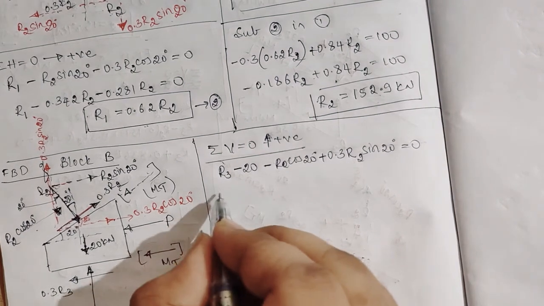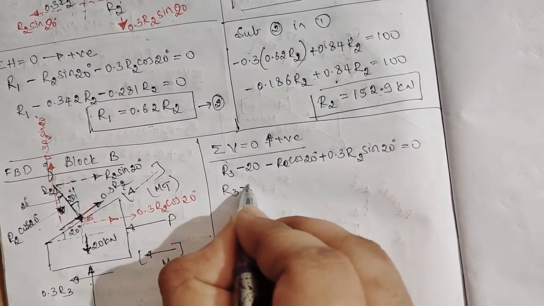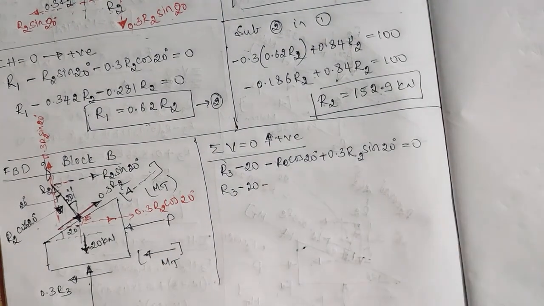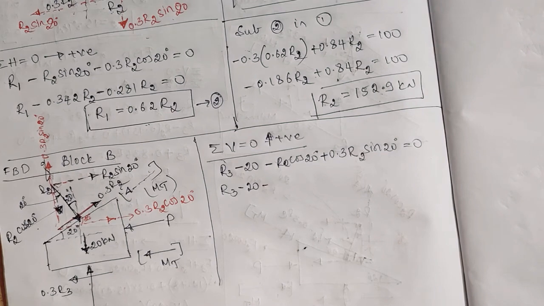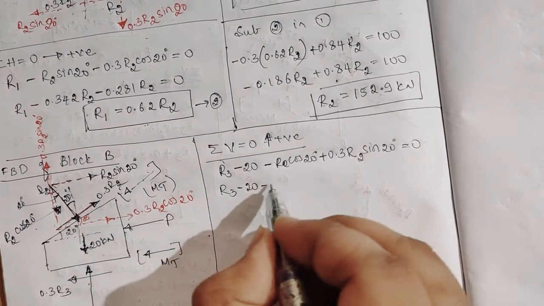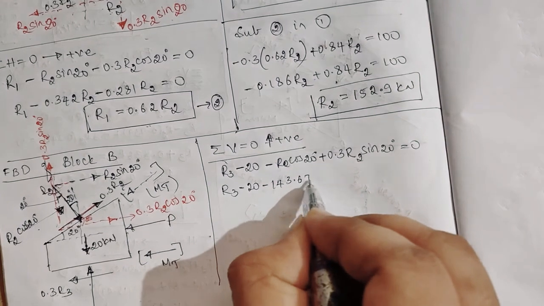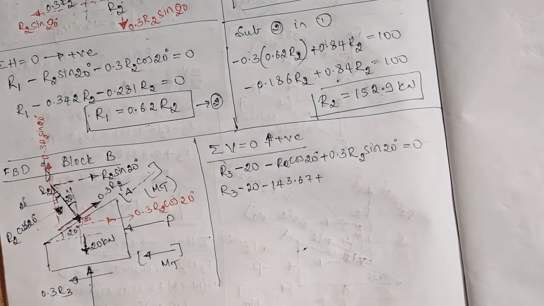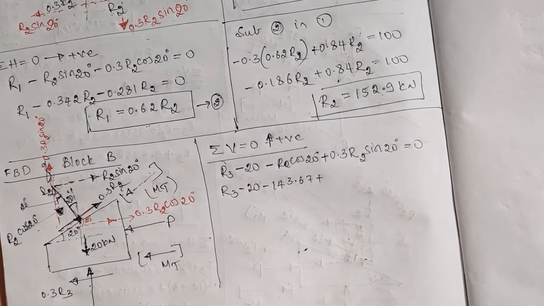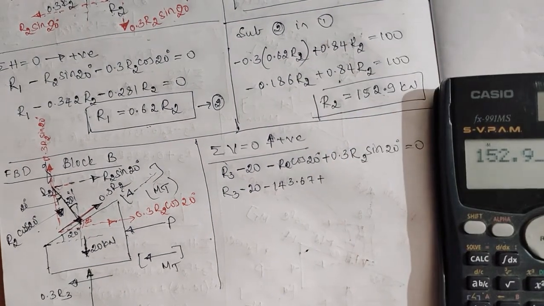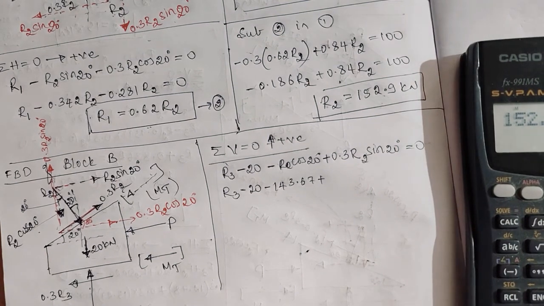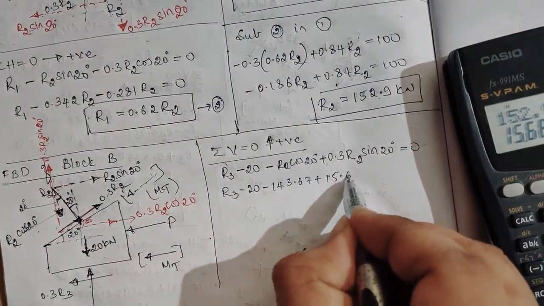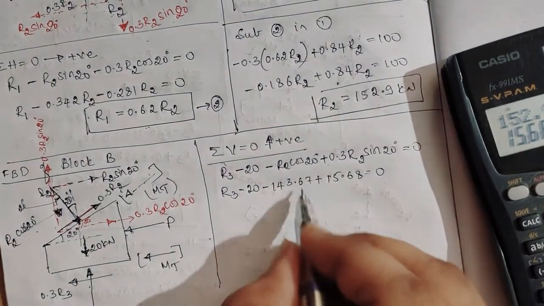Now you should simplify. Okay, so this R3 we don't know, minus 20 minus this R2 we know, that is 152.9, then cos 20 degree, that is 143.67, plus here also, so 0.3, 152.9 into 0.3 into sin 20, so that is 15.68 is equal to 0.